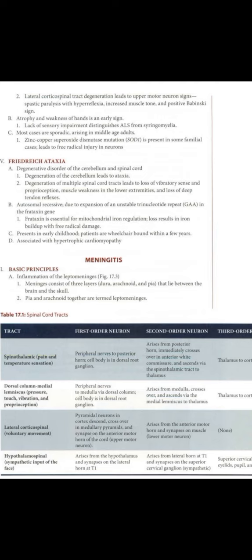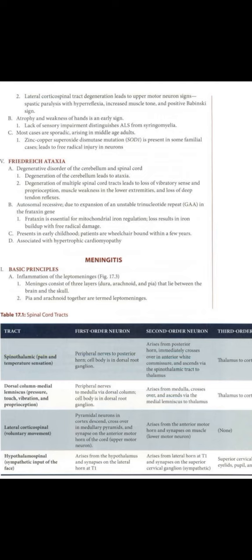Lack of sensory impairment distinguishes ALS from syringomyelia. Most cases are sporadic, arising in middle-aged adults. Zinc copper superoxide dismutase mutation is present in some familial cases, leads to free radical injury in neurons.